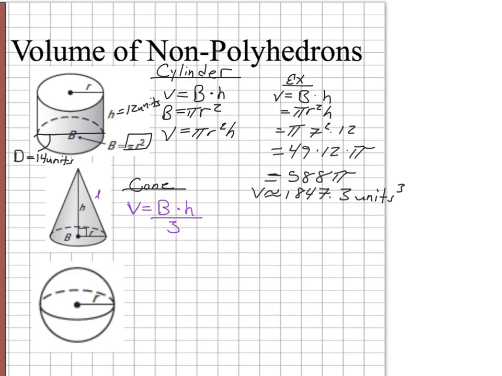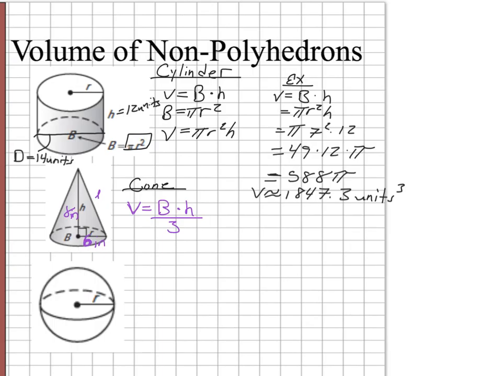Okay, so here if I have my radius is 6 and height is 8, we'll say inches, 6-inch radius, 8-inch height.